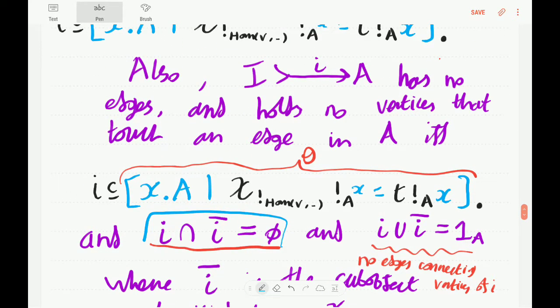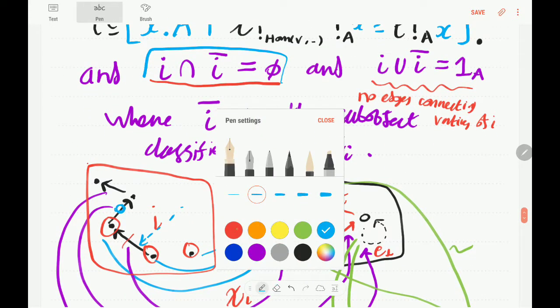And we can use these three conditions an alternative way, which is probably cleaner.